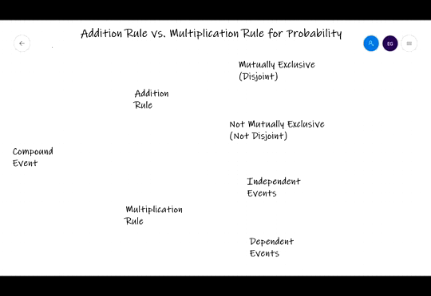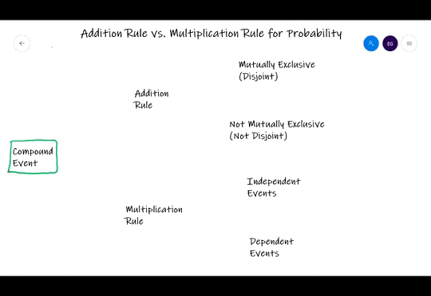Now you'll see a bunch of terms scattered about on the screen right now. What I'm going to do is, let's start on the left. We'll start with compound event. So a compound event, like I said, is an event that consists of two or more different outcomes. Let's say, for example, you're playing a game where you roll two dice and you win the round if you roll a 7 or an 11.